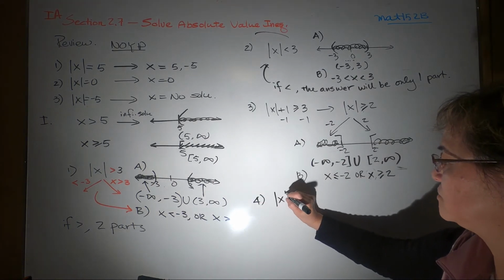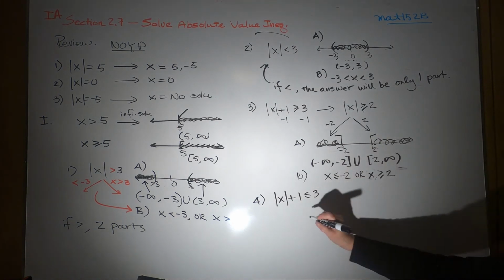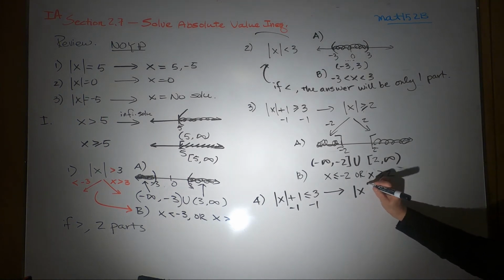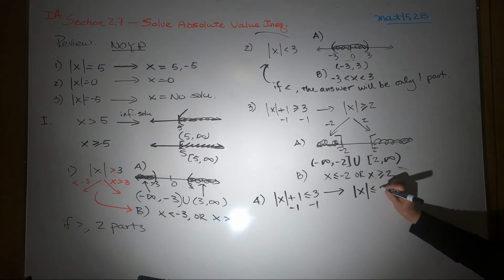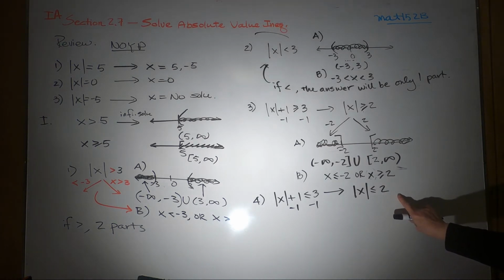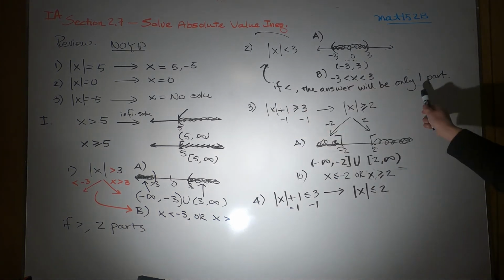So if you have absolute value plus 1 less than or equal to 3, right? What do you do? Same thing. You minus 1 first, so your absolute value less than or equal to 2. Then you know your answer has 1 part or 2 parts. Less than, 1 part, right?